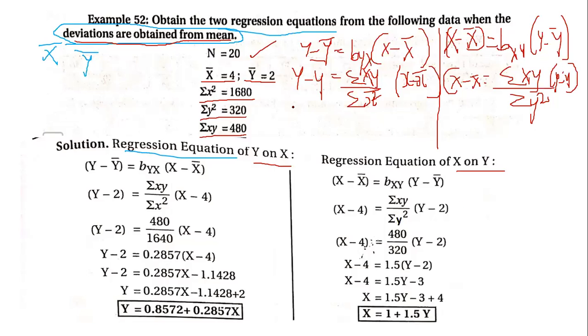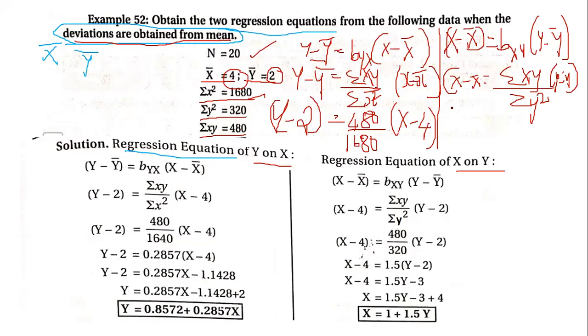Now let us put the values. Y minus, what is the value of y bar? Y bar is 2. So y minus 2 is equal to sigma xy, which is 480, divided by sigma x square, which is 1680, into x minus x bar, which is 4.